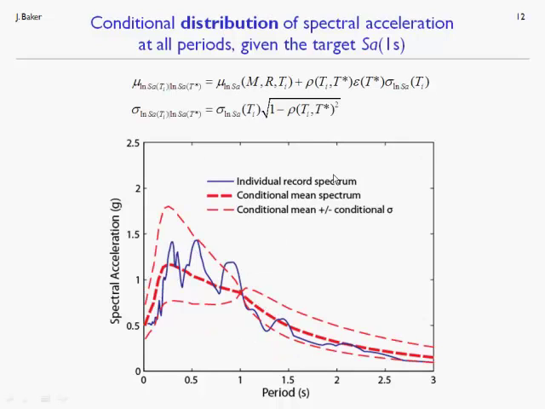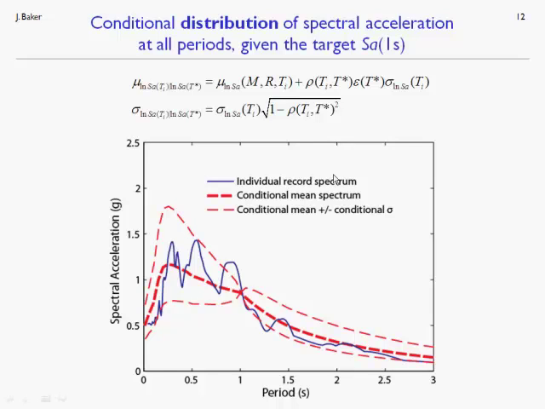Okay, taking off a couple lines here, let's add one more set of lines, the dashed thin red lines. Here I've plotted the conditional mean spectrum plus or minus a conditional standard deviation, where the conditional standard deviation was the other value we were computing from the scatter plots of epsilons. And so when the period is very close to 1 second and the correlations are high, our conditional standard deviation is low.